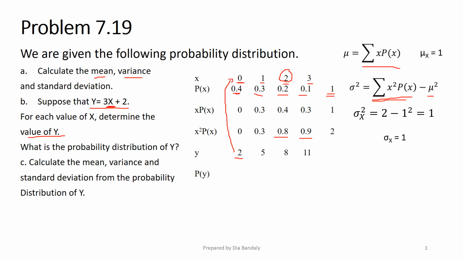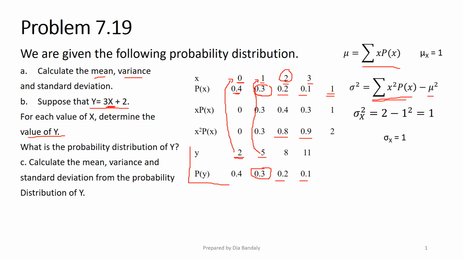That makes the probability of y equal to 2 be 0.4. The same logic applies here. In which case is y 5? Y is 5 when x is 1, and this has a probability of 0.3, which means that this is the probability that y is equal to 5. And the same happens here and there and here.